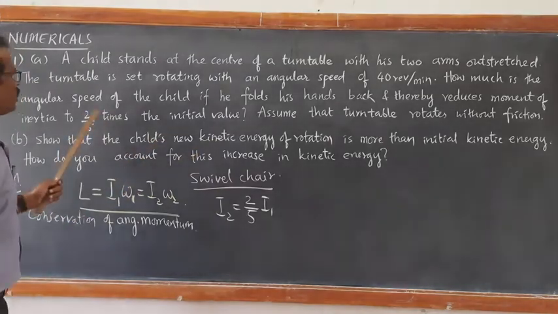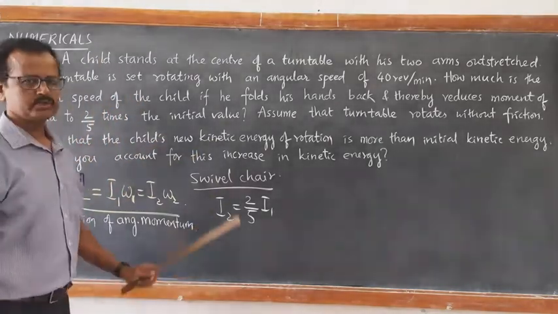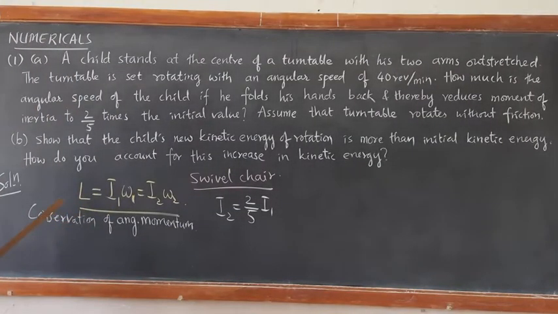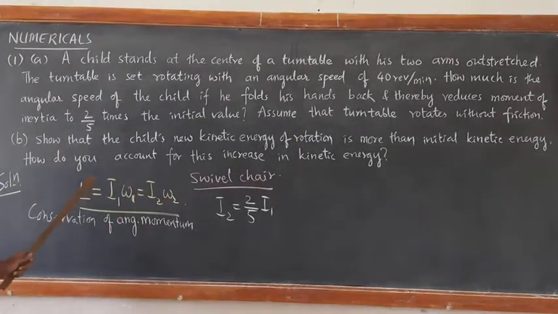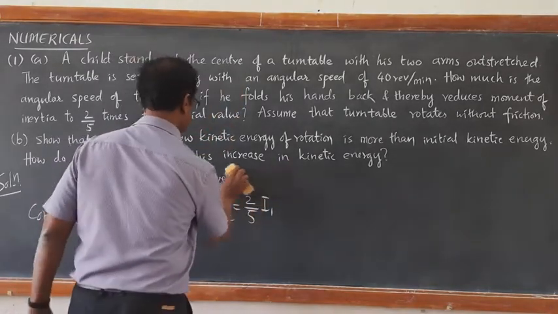Then what is the angular speed of the child? Now you are asked to calculate the angular speed of the child. Just substitute; angular momentum remains conserved. Conservation of angular momentum is applied. When you calculate this, you get an interesting result.